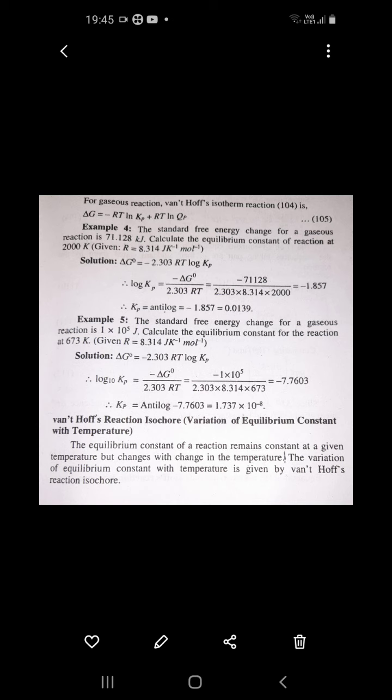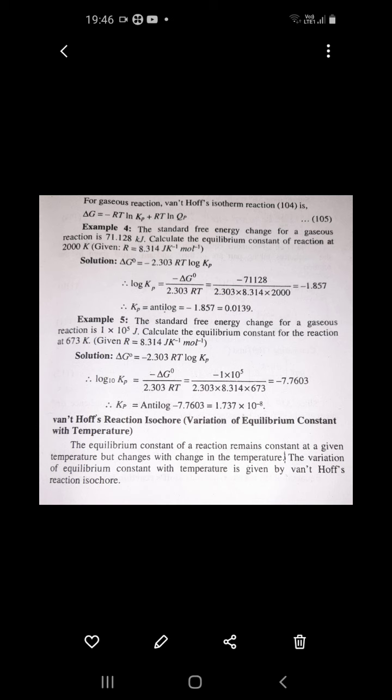In the numerical they have given the standard change in free energy, delta G, as 71.128 kilojoule, so kilojoule is converted into joule. 71,128 upon 2.303, then substitute the value of R, that is 8.314, and the temperature, which is 2000 Kelvin.